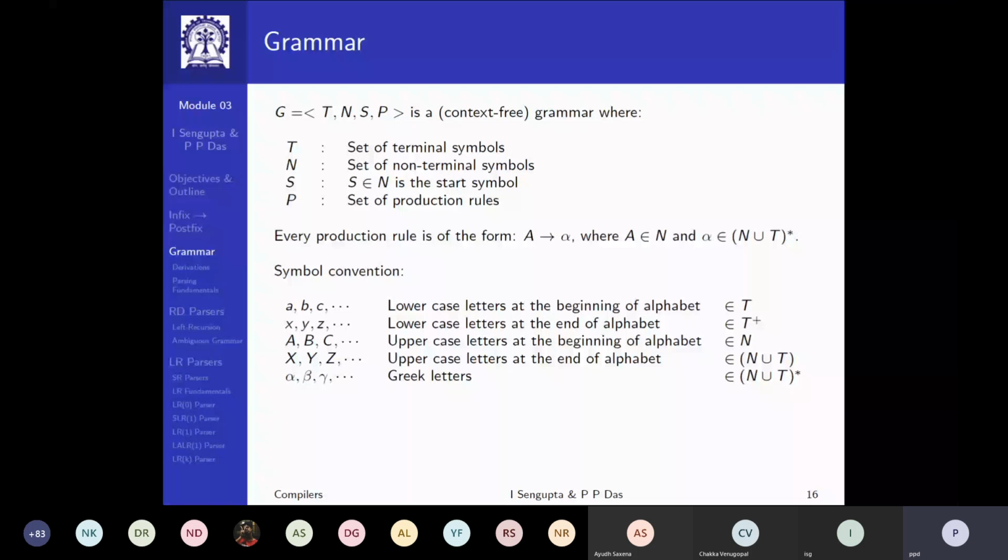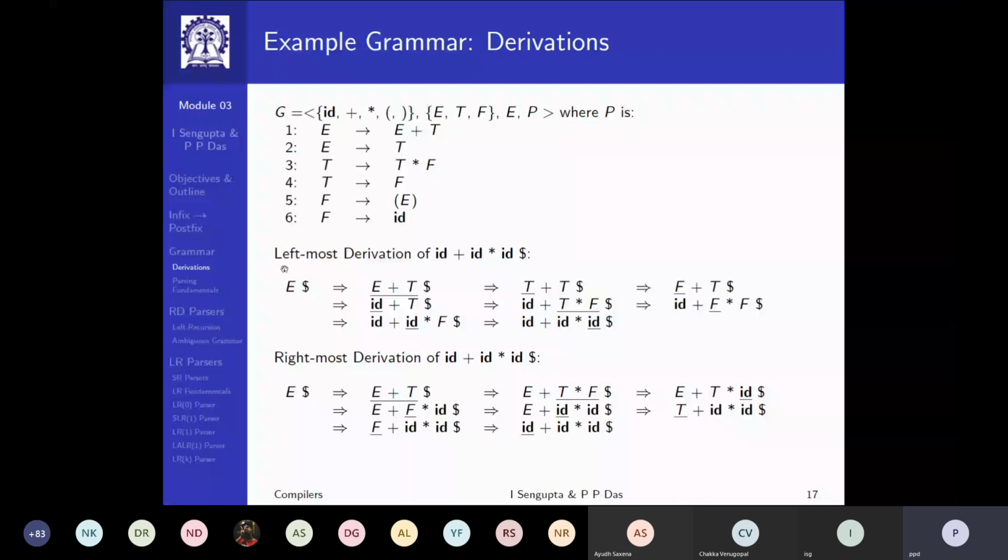And then taking some sample grammar, we have looked at the derivation process. Derivation is the process where we start with the start symbol of the grammar, that non-terminal, and at every step, we use one of the production rules to replace the left-hand side non-terminal of that production rule by the right-hand side of the production rule.